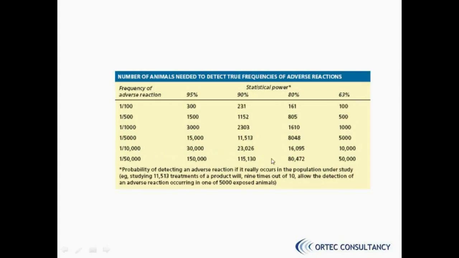When you get to the 1 in 10,000 here, even if we decided to take a lower level of statistical power, even at 63% statistical power, we still need 10,000 animals in that population to detect the frequency of 1 in 10,000. So therefore, these studies rarely show us the whole safety profile of the product.